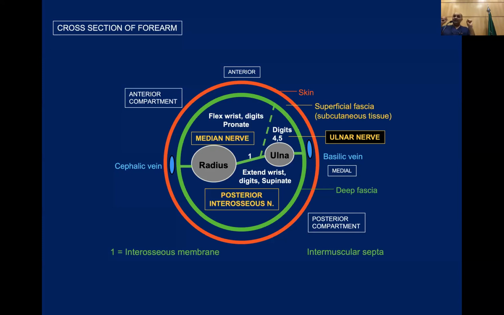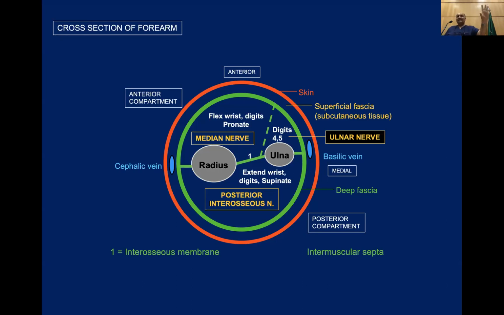Now I'm using the term posterior interosseous. Otherwise I could have said interosseous nerve. No. When I'm using the term posterior interosseous, it means I will be having an anterior interosseous nerve also. That we will be revealing shortly. Are we clear so far?